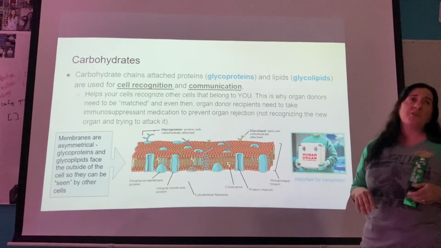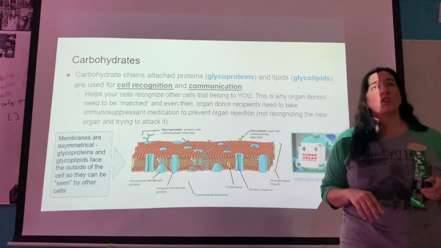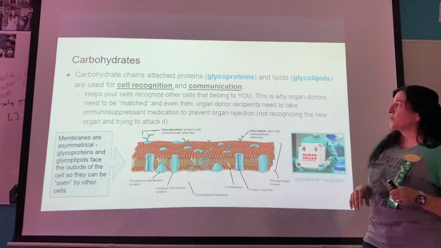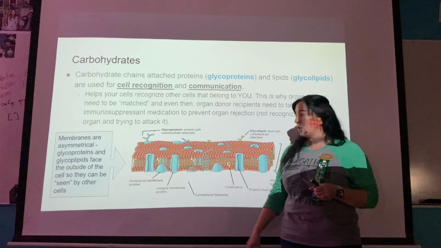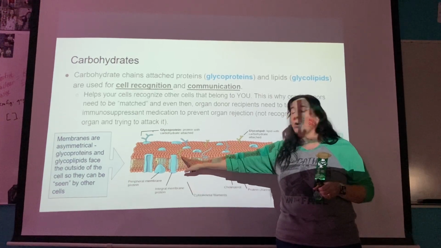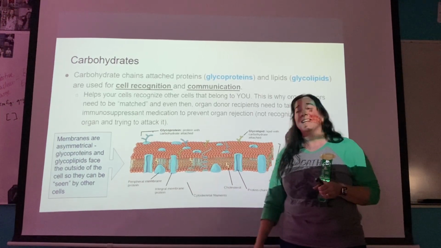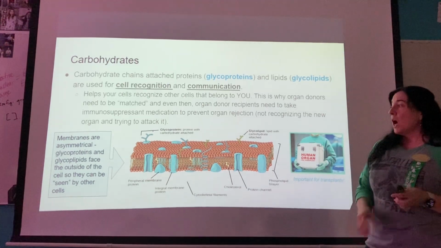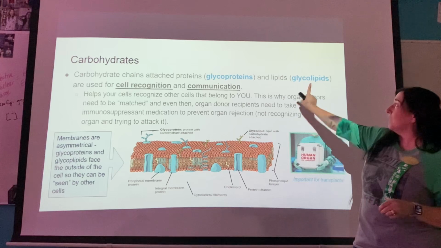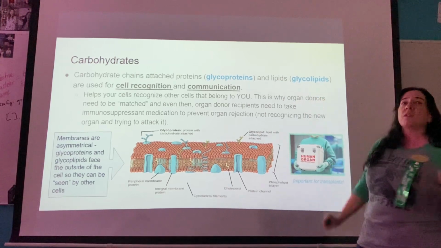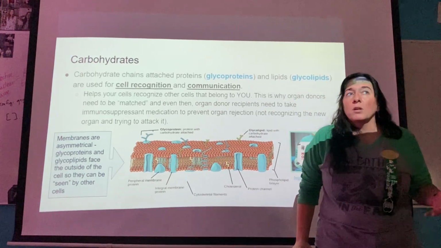Okay, carbohydrates. I showed you a while ago, you've got those carbohydrate chains. They're going to be used for a couple of different things, mostly for cell recognition and communication. So sometimes they're embedded on top of a protein, sometimes they're just embedded in the cellular membrane. All right, so you have glycoproteins and glycolipids. What does the word glyco make you think of?